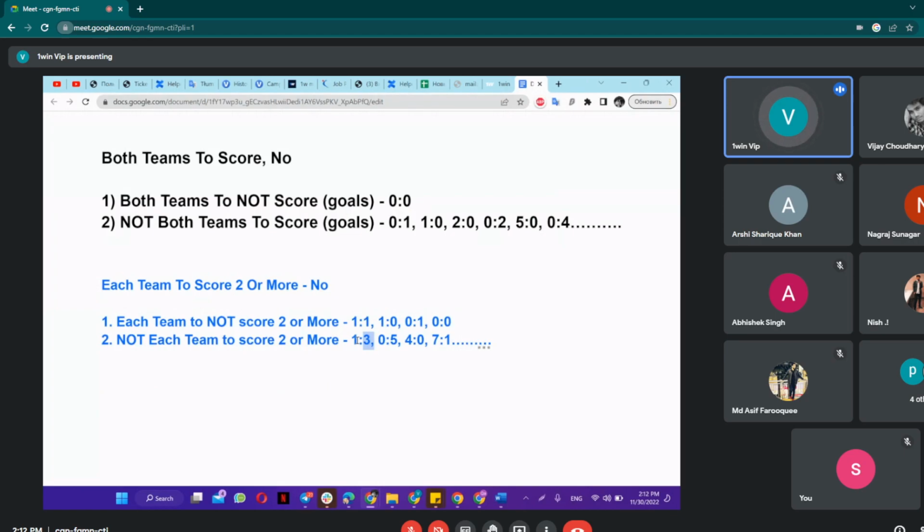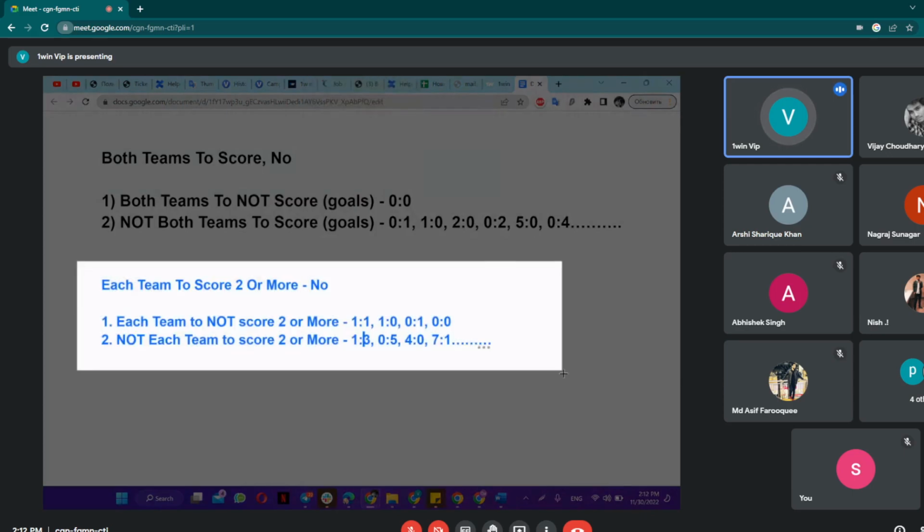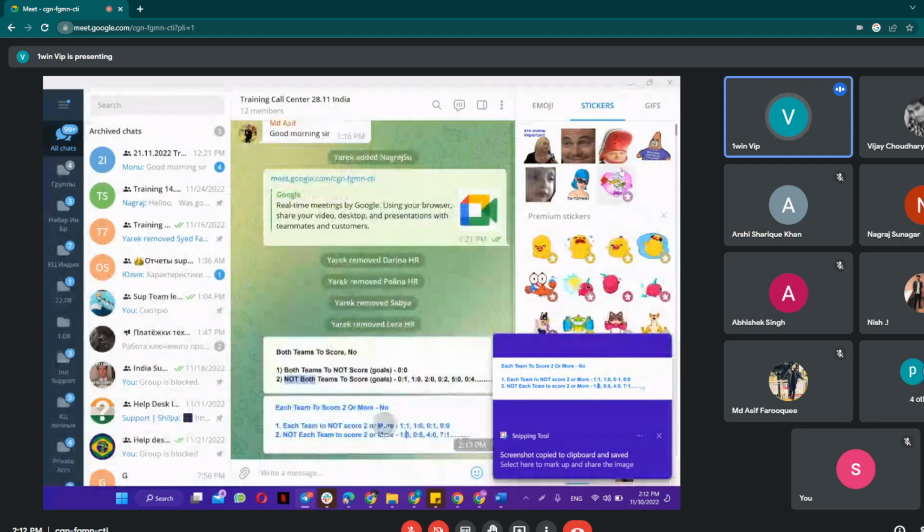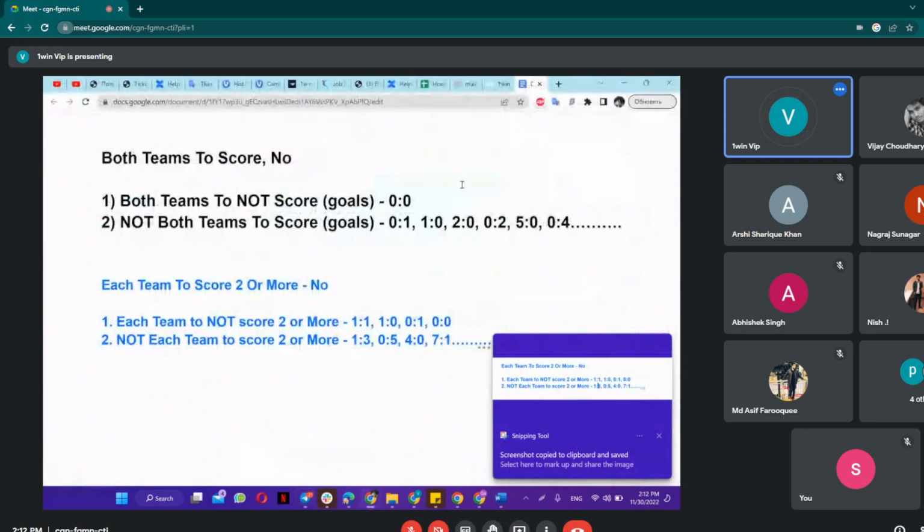I mean, 2, 3, 5, 6, 7, 9, etc., to infinity, as much as they will be able to get during the match. But the other one should have less than 2, so 1 or 0. By having 2, they will already lose. So same logic here, and I'm also sending you this screenshot on the group.